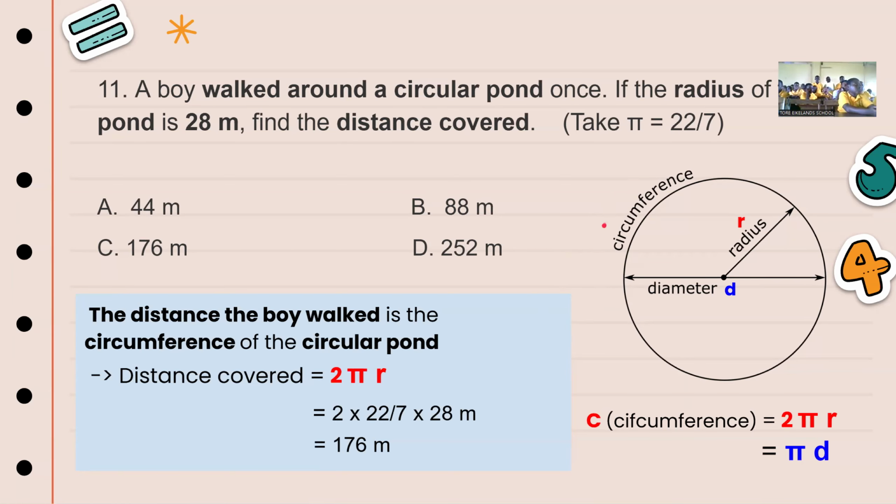And do you know what the circumference of a circle is? This part. That is the outside length of the circle.